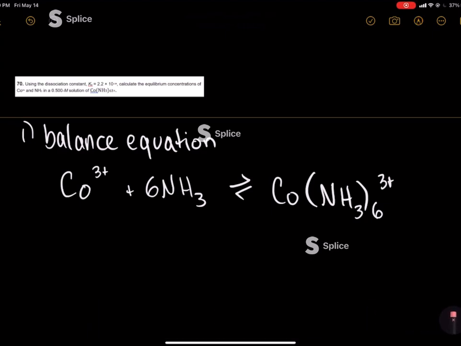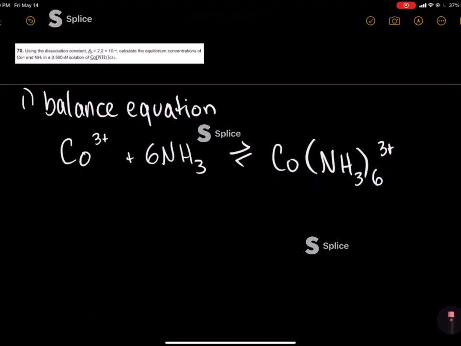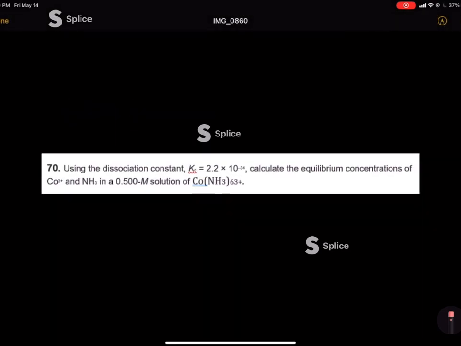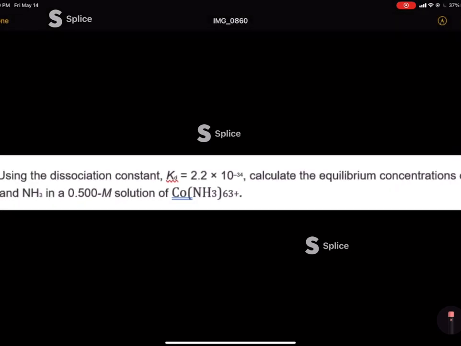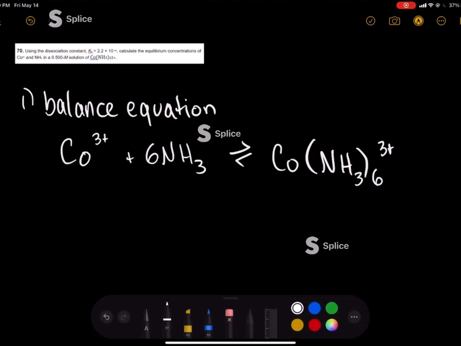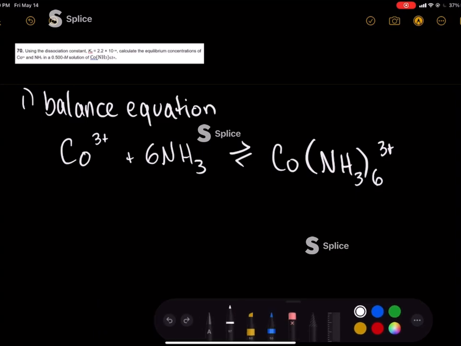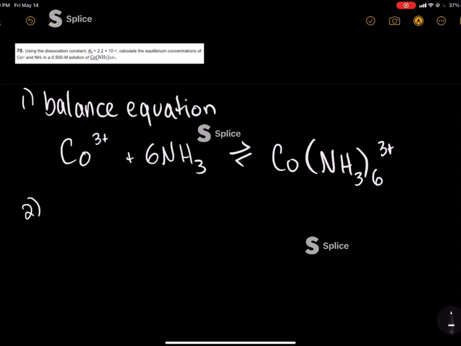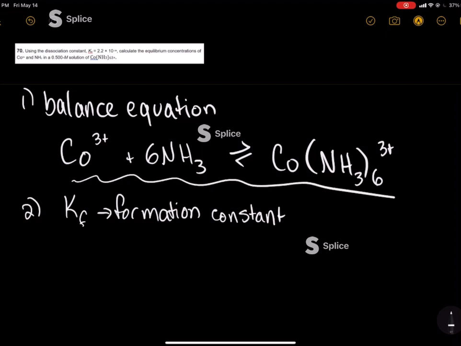Our equation is balanced. The reason I wrote it like this is because in this problem we are given Kd. Now we don't have any known equation for Kd, but what we do have an equation for is Kf, which is the formation constant, which is why I wrote the equation in this way.